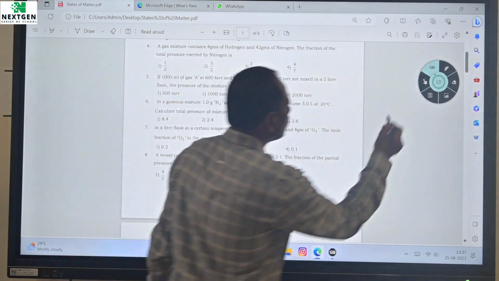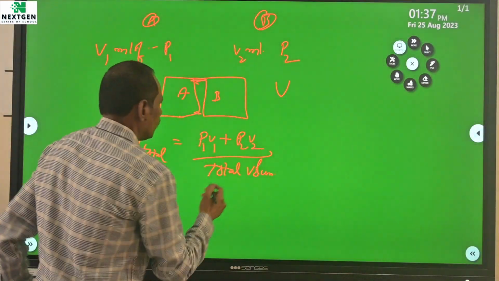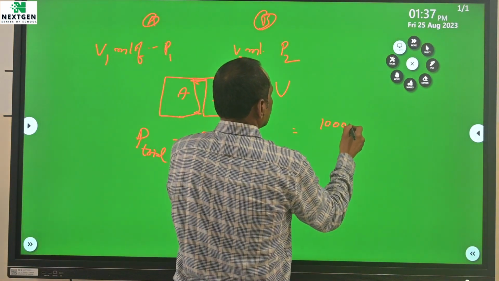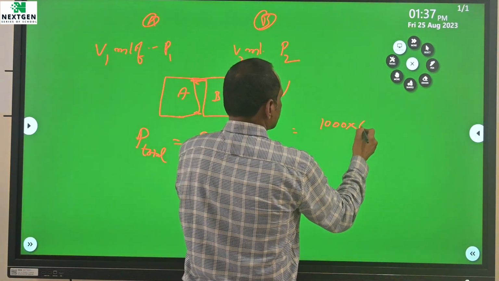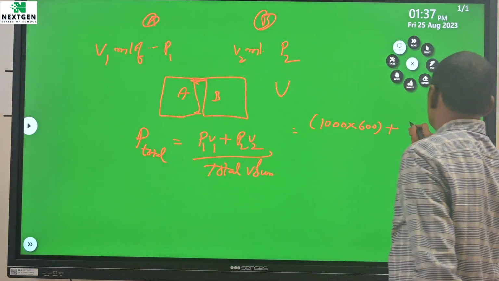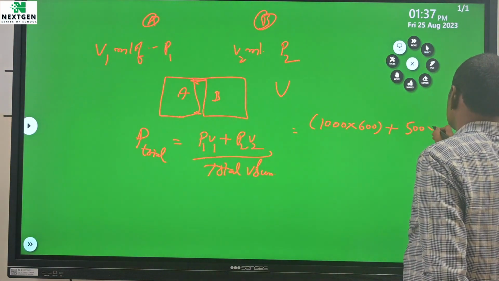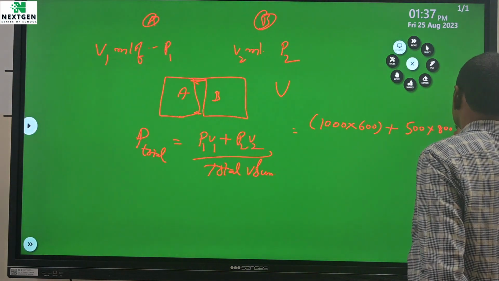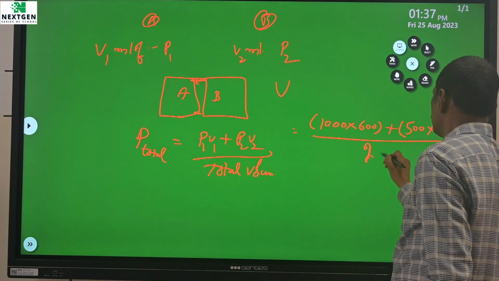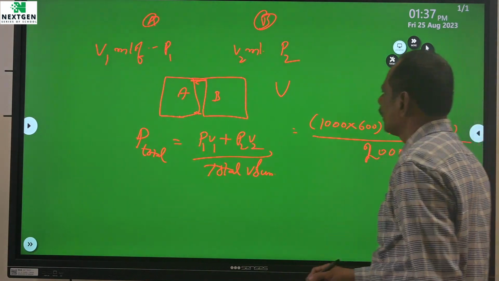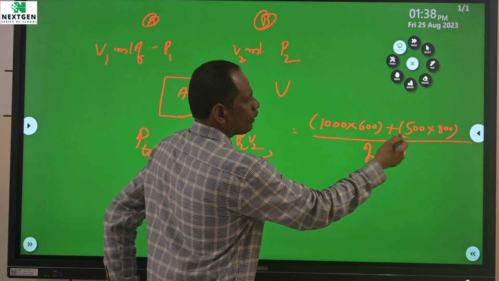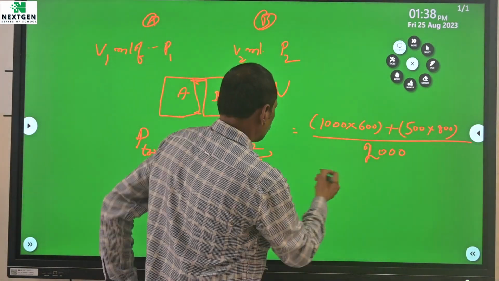It gives the answer. Therefore, the first gas 1000 milliliters into 600 torrs, P1 V1, plus P2 V2, 500 milliliters of another gas at 800 torrs, taken in 2 liters vessel. 2 liters vessel means 2000 ml. Therefore, the pressure of the gas mixture is equal to 600 into 1000 plus 500 into 800 by 2000.